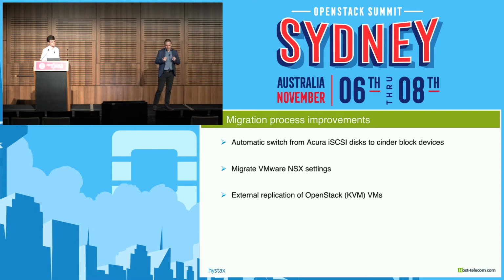Currently, we see 3 main points we would like to cover in the next months and years. First, as I mentioned, when we boot the business application from our iSCSI disks and do background migration from object storage to regular Cinder block devices, once we have 100% of the data in regular Cinder volumes, we need to plan another downtime and maintenance window just to switch and boot machines from the regular Cinder driver, excluding our solution and iSCSI disk.